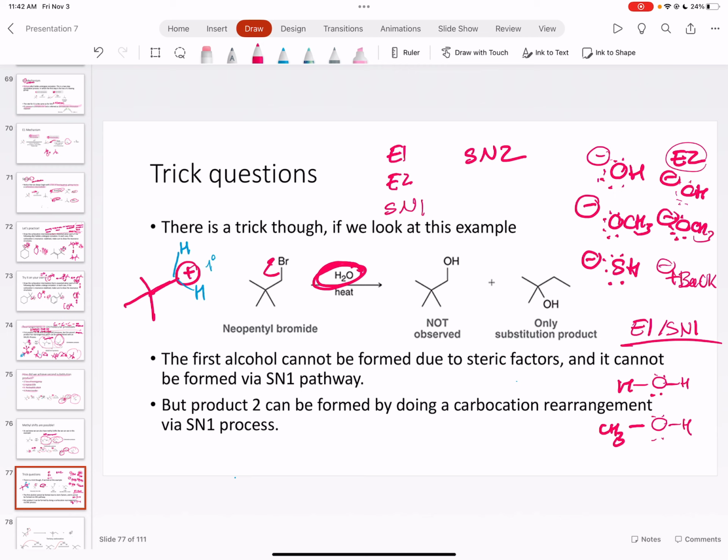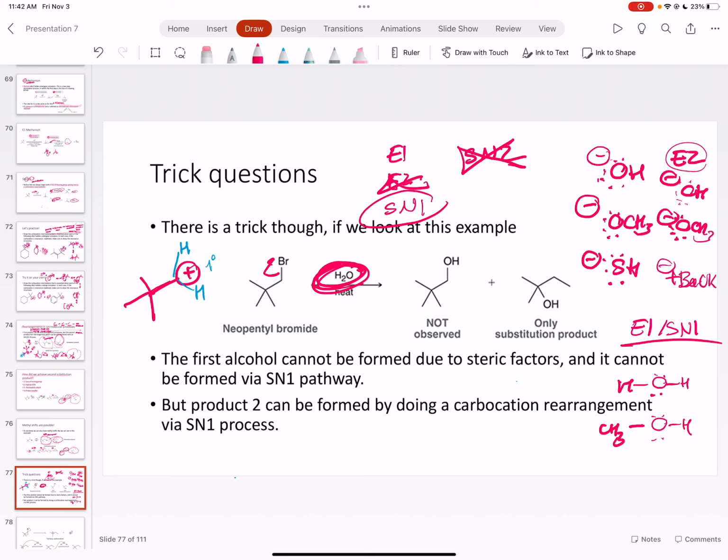So you can see this one doesn't have any negative charges. So that kind of technically eliminates SN2 and E2. We can technically think about doing SN1s. I would say maybe some elimination products.